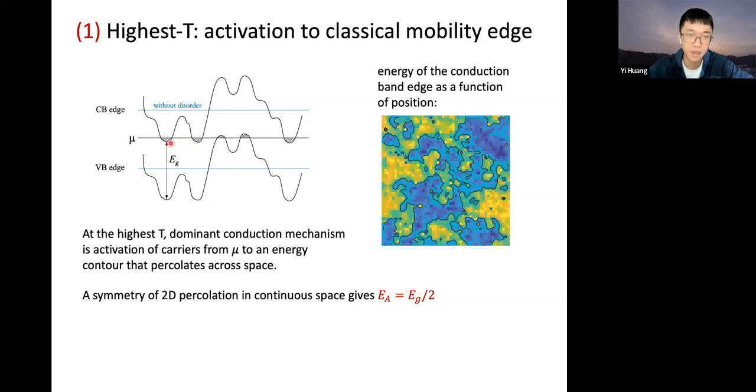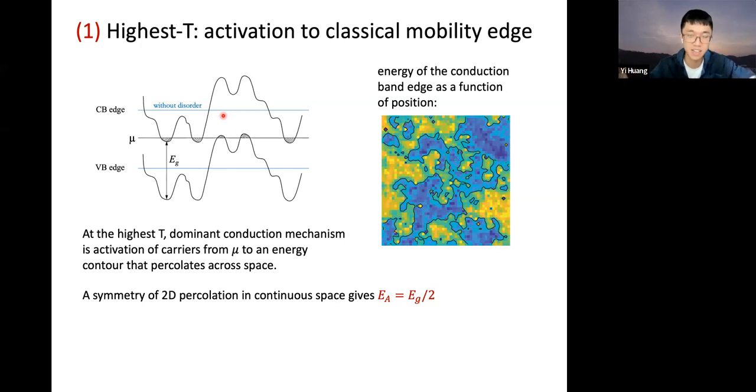However, by thermally exciting electrons or holes from your chemical potential to some percolation level, you can imagine that once you thermally excite the carriers to some energy level, suddenly the system can find a contour which can pass from one side to the other side.